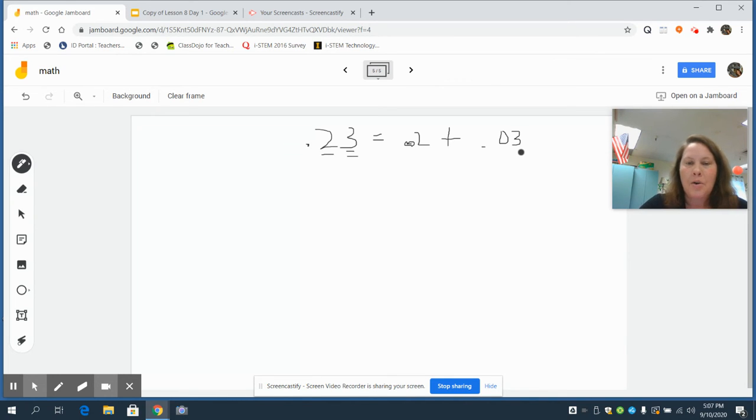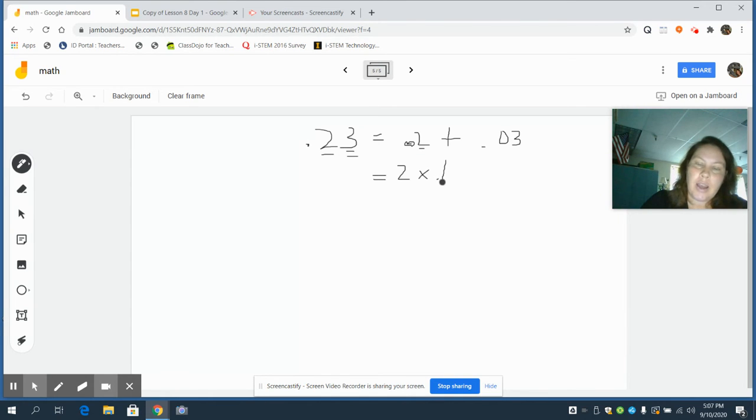Now let's expand that out a little bit more. So we have 2 tenths here, and we're going to rewrite it in a different kind of expanded form with decimals. So first I'm going to look at that digit 2, and I'm going to think, okay, how did I get that 2 into the place value of 2 tenths? So first I had to multiply 2 times a tenth. So my first part is 2 times a tenth, which is 0.1.